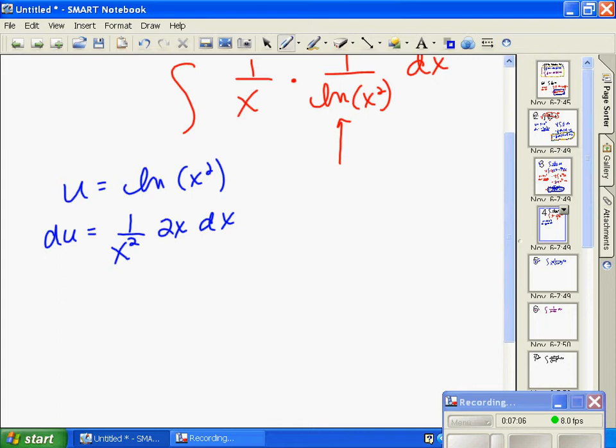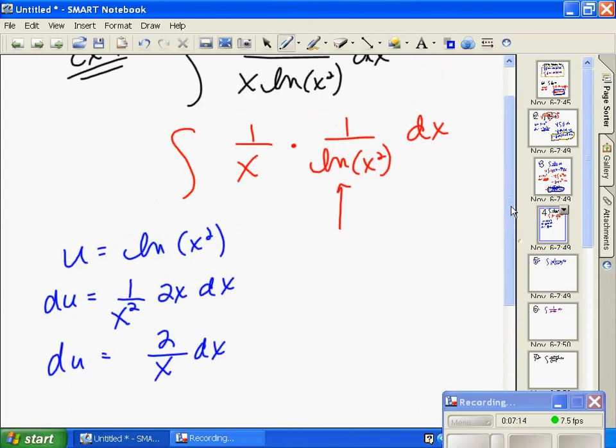So if I look at that, my x's can reduce, so I really get 2 over x dx. Now look right here. I already have right there my 1 over x dx. So I could really multiply this one here by 2, which means out front I need to put my 1/2. So now combined, those blue arrows, that's my du, 2 over x dx.